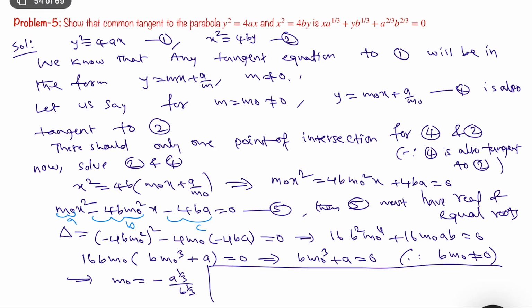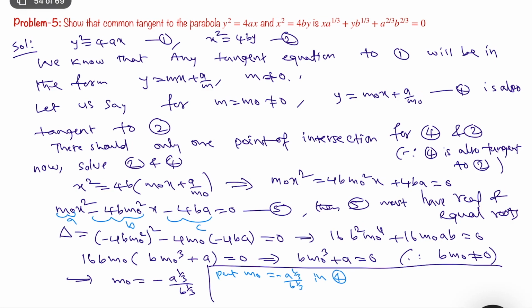Now we plug in m naught in 4. Put this m naught equal to minus a to the power of 1 by 3 by b to the power of 1 by 3 in equation 4. That is a common tangent, right?